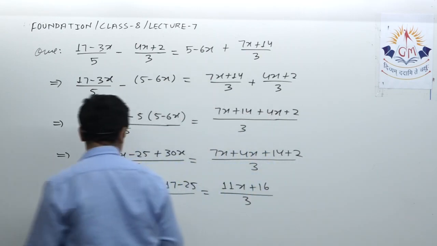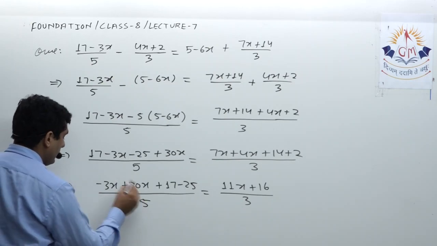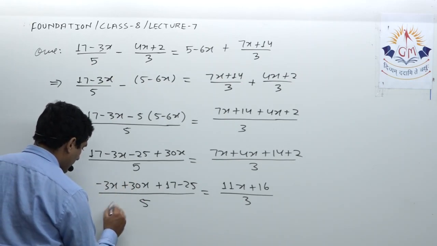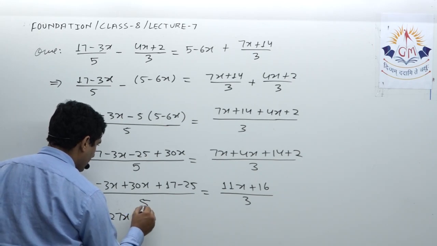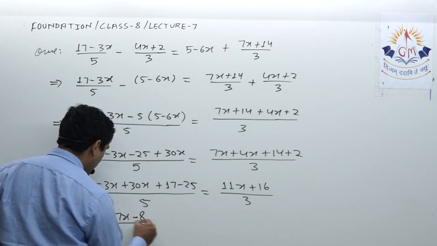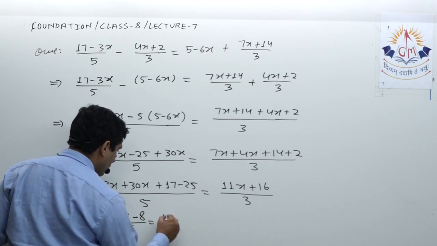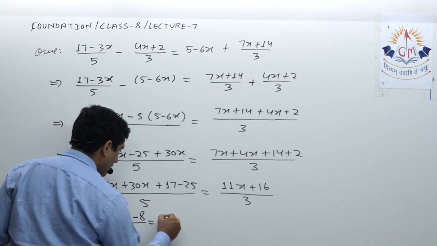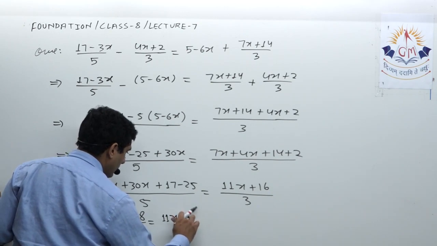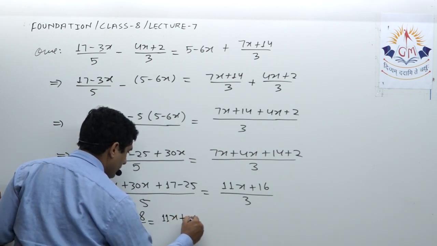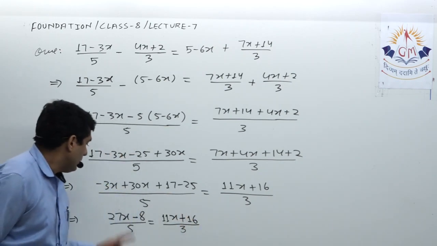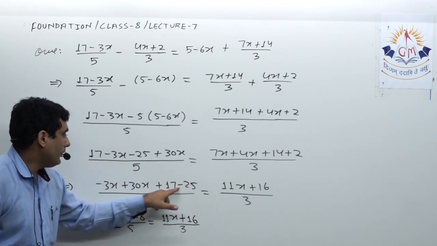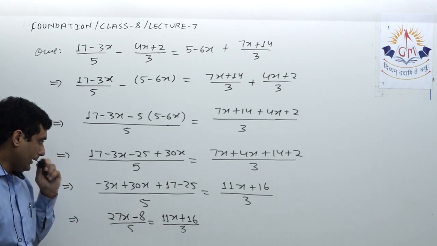Okay, now here I can write this 30x minus 3x, that is 27x minus 8 upon 5 is equal to 11x plus 16 upon 3. Okay, 30 minus 3 and 25 minus 17, so minus 8.